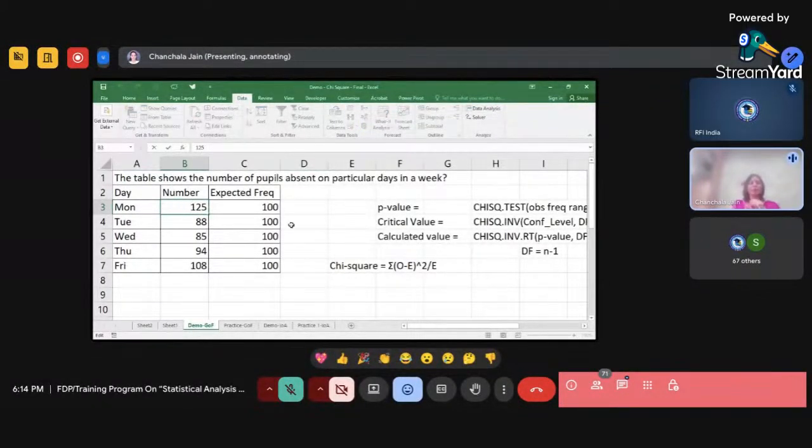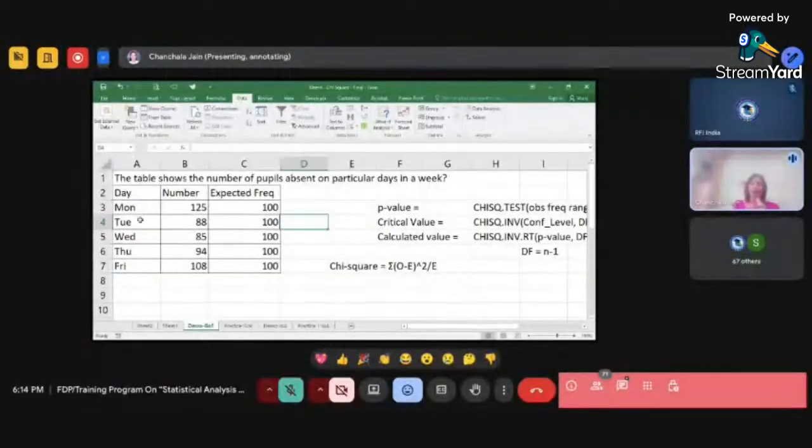Suppose there is a school operating on 5 days of the week, Monday to Friday, and these are the absenteeism counts given to us, how many people were absent on Monday, Tuesday, and likewise for the remaining days. Clear?